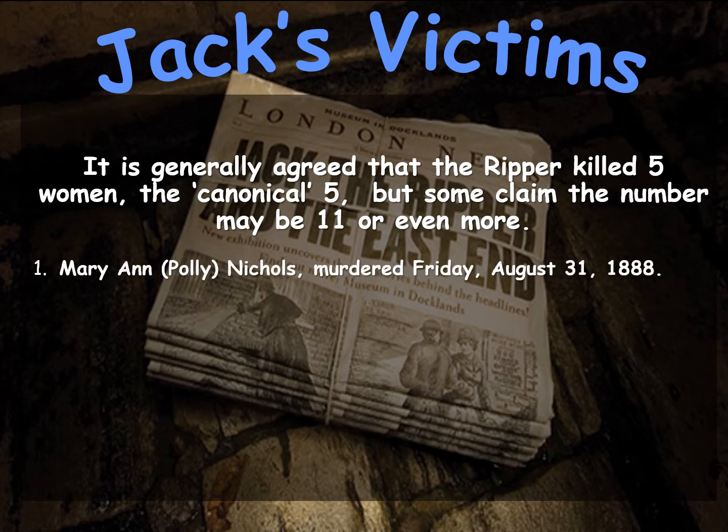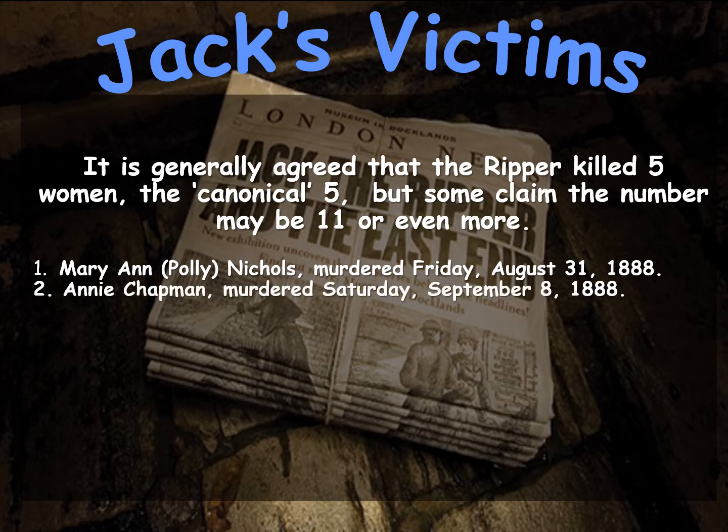The first one, the very first victim, was a woman called Mary Ann Nichols. She went by the nickname Polly, and she was murdered on Friday, August the 31st, 1888. She was the very first victim. The second one was a woman called Annie Chapman, who was murdered on a Saturday, September 8th, 1888.